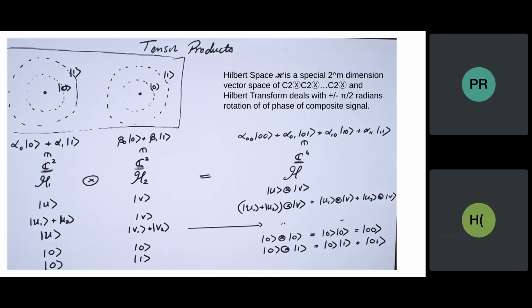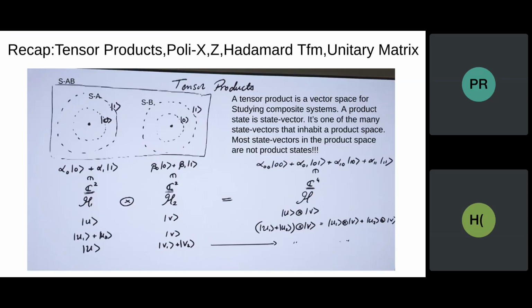Here the same thing I have described with Hilbert space, complex space C2 into C2. So what does Hilbert transform deal with? We talked about Hilbert spaces, and there are three H's I said which will get you in.